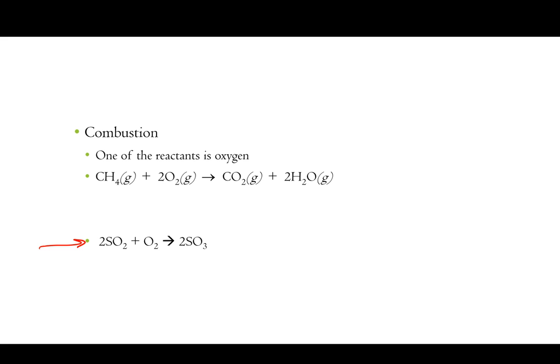But the more common combustion reaction that you're going to see is a hydrocarbon. So that's a hydrogen and carbon compound plus oxygen. And it is always going to make the same products: carbon dioxide and water.